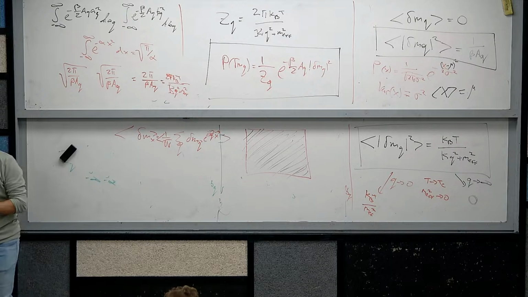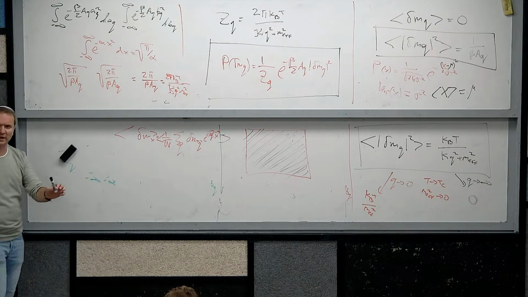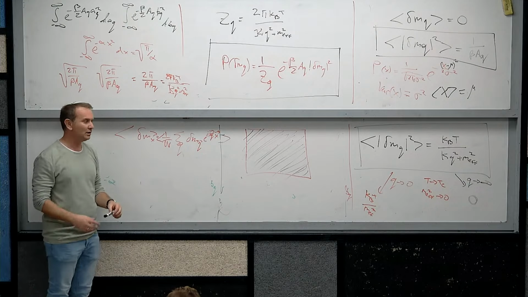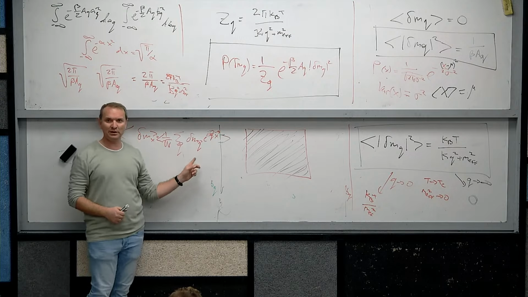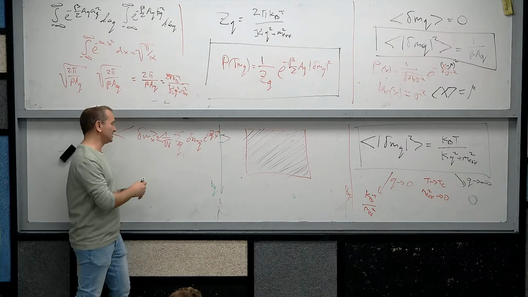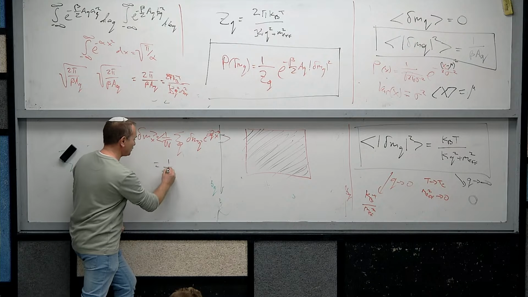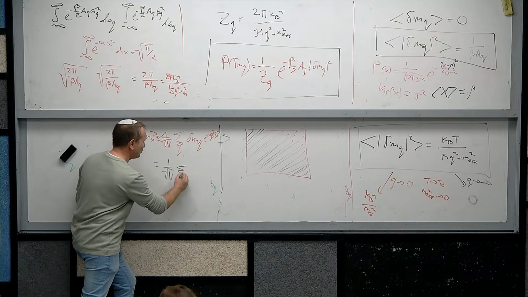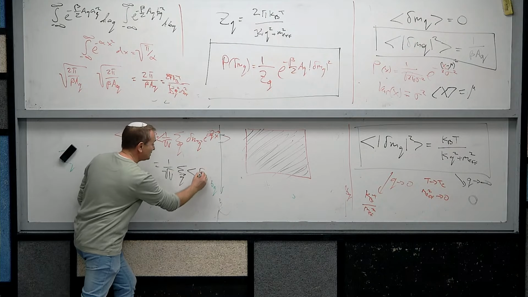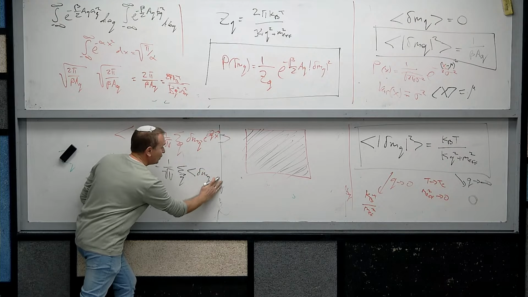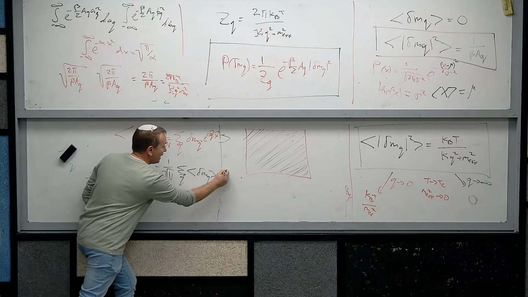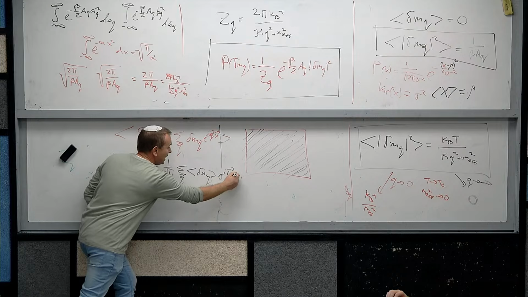There is an extremely useful phrase that you all remember: the average of the sum is the sum of the averages, right? So 1 over square root of V, summation over q of delta m_q e^{iqx}.